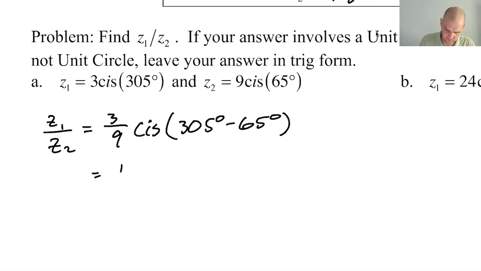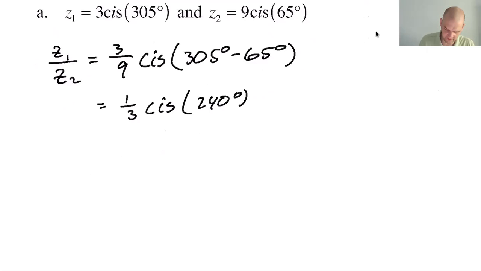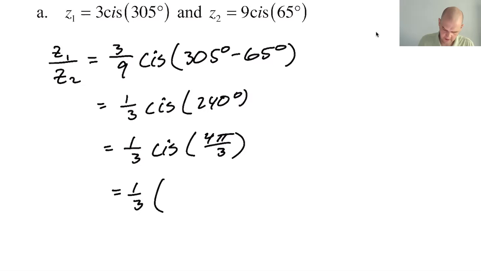So this is going to be 1/3 cis 240. 240 is what? 4 pi over 3. I don't have the unit circle memorized in degrees, so I have to convert everything, which I have no regrets about. 1/3 times negative 1/2 minus root 3 over 2 i.